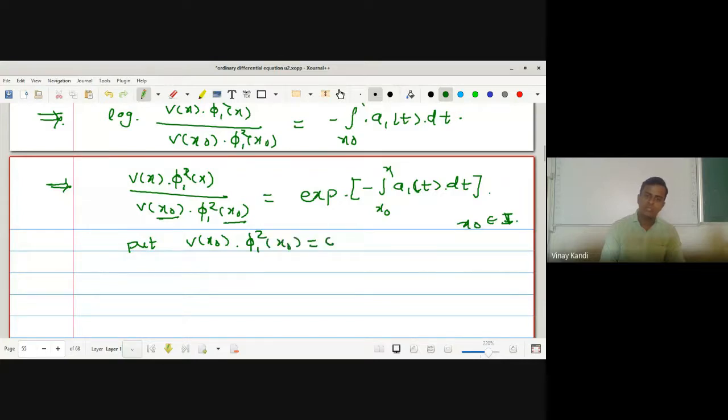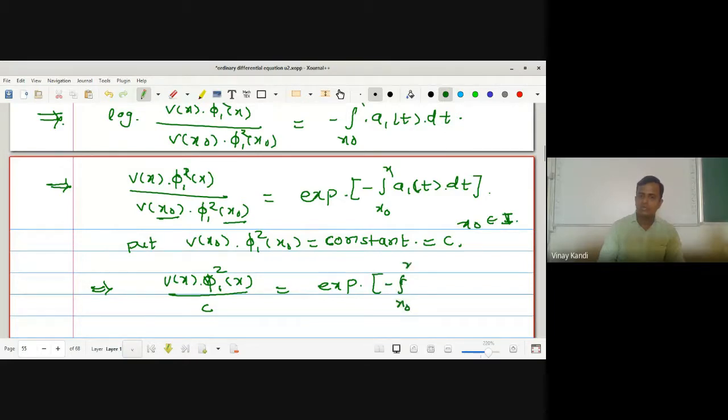This is a constant, which is equal to c. So here we get v of x into phi1 square of x upon c, which is equal to exponential of minus integration of x naught to x a1 of t dt.